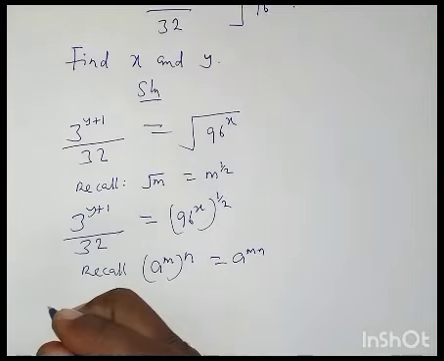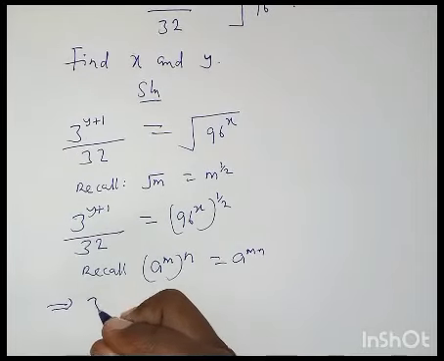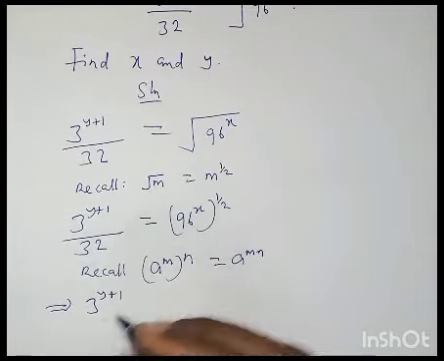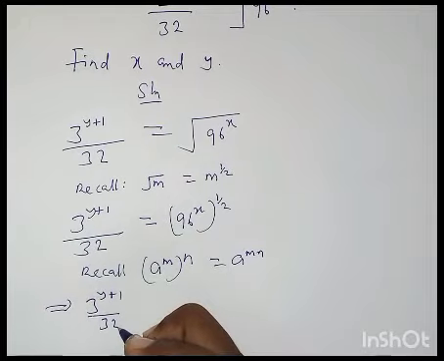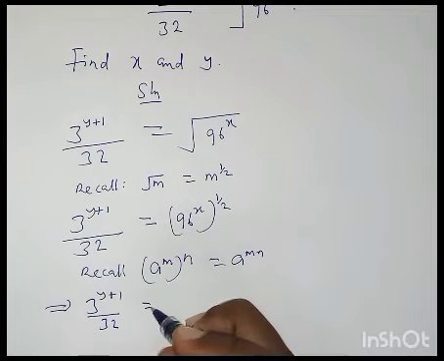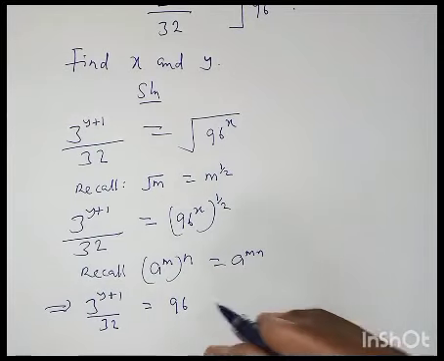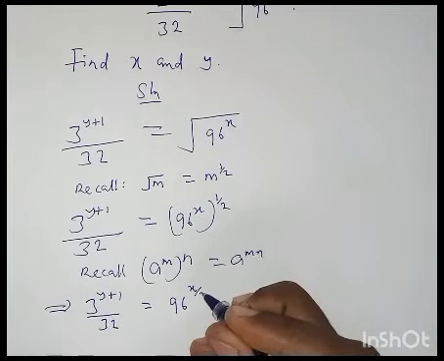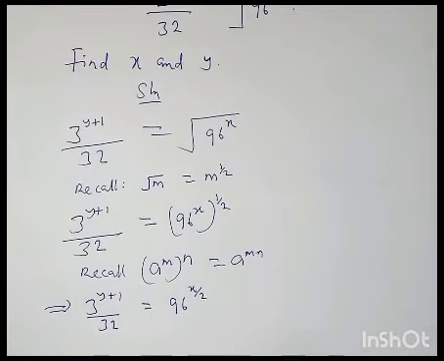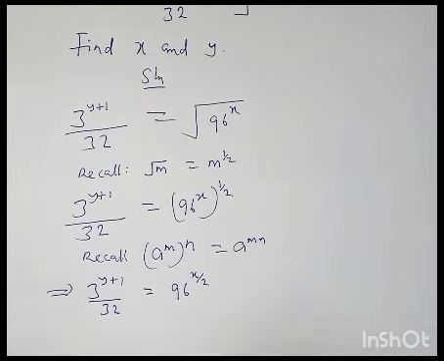Now we have 3^(y+1) over 32 equals 96^(x times half), which is x over 2. Let us check, is there any relationship between 32 and 96?